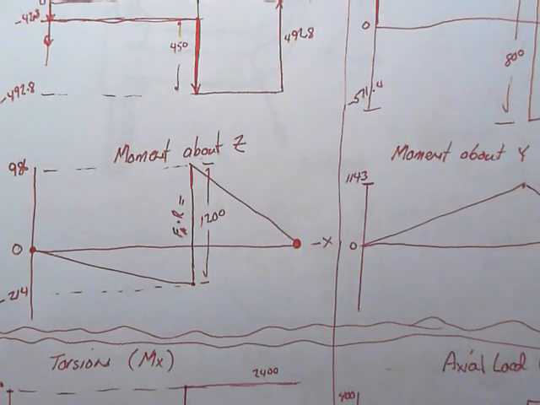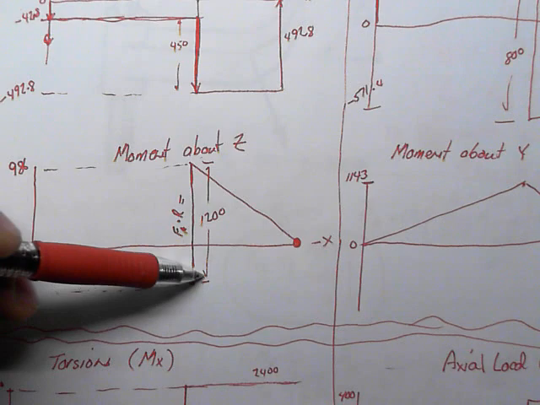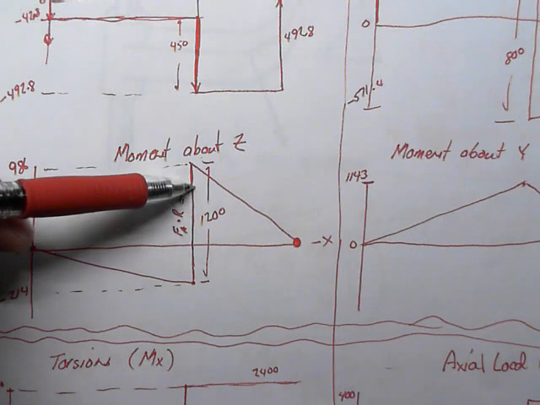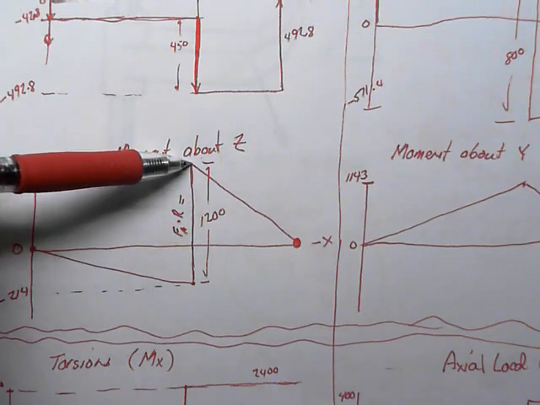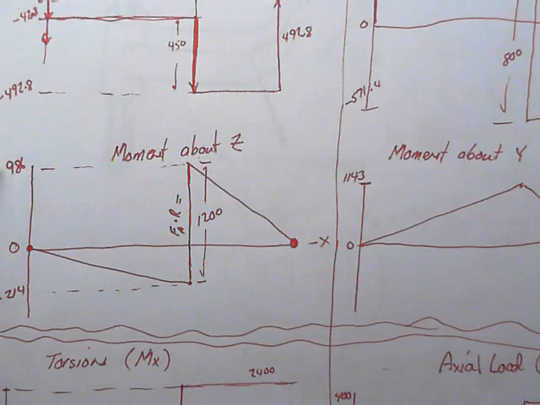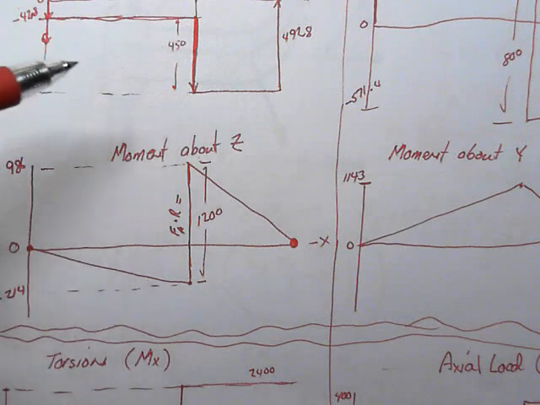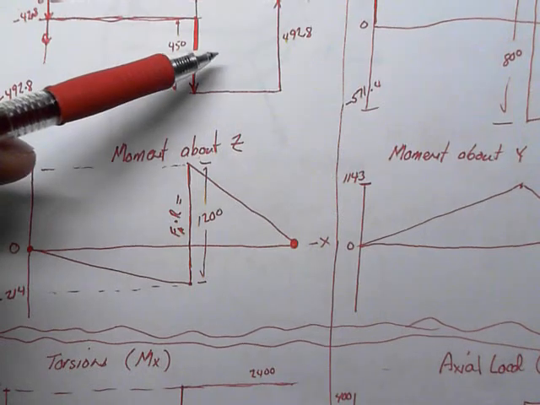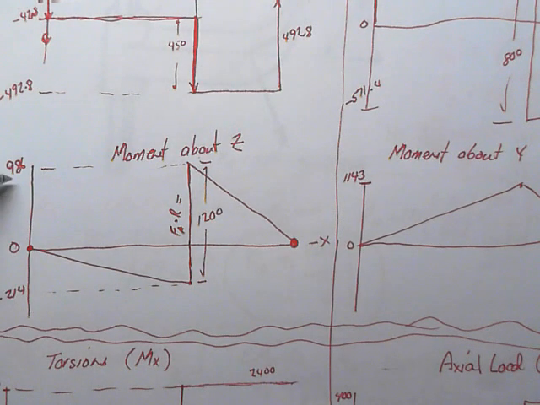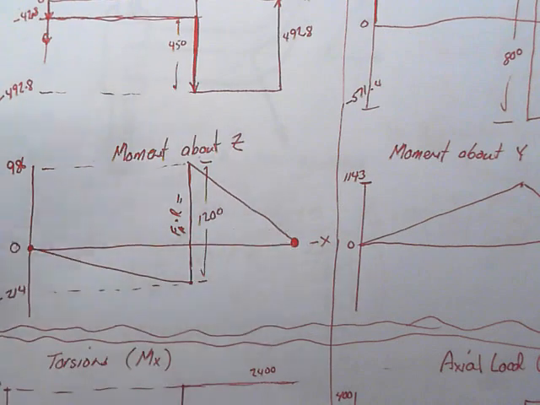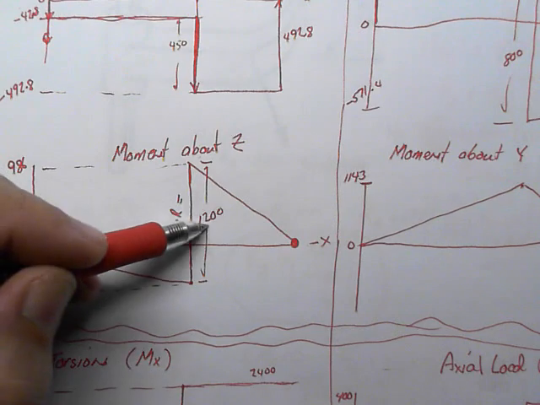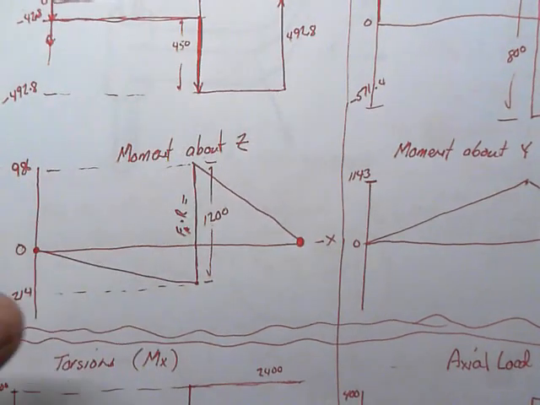And so if we go up from minus 214, we go up 1,200 in a step moment, we reach 986. And then the area under this section of 492.8 times the distance of 2 inches is 986. And so our moment, in fact, closes to 0 again. So this moment, which is the axial load times the radius of the gear, 1,200, is very important. We can't leave that one out.